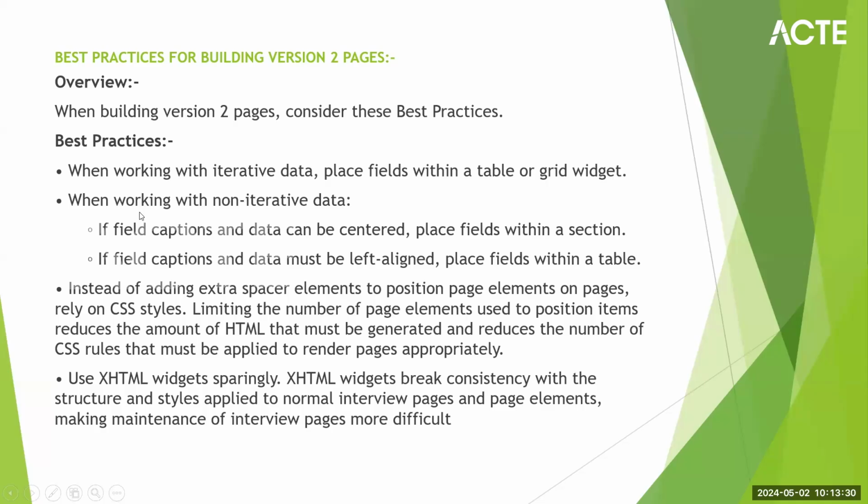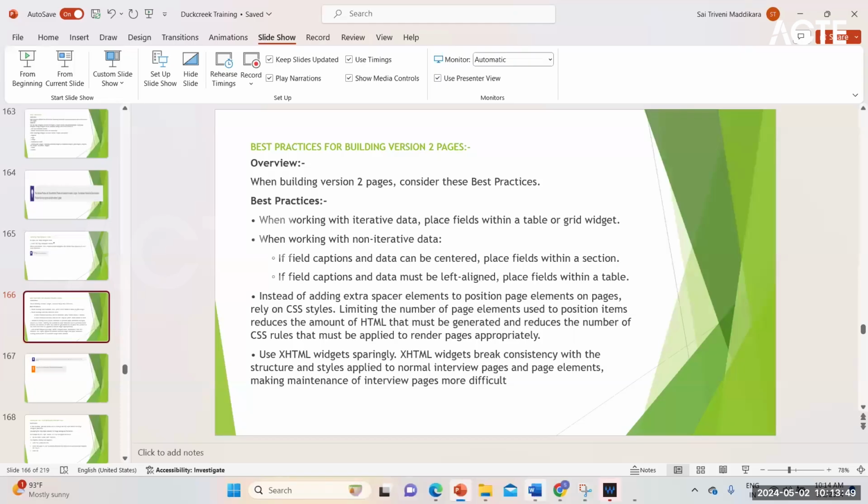When working with non-iterative data, the field caption and data can be centered, and place fields within the section. Field caption and data centered means alignment, you can keep it center aligned, and place fields within the section. It's better I show.